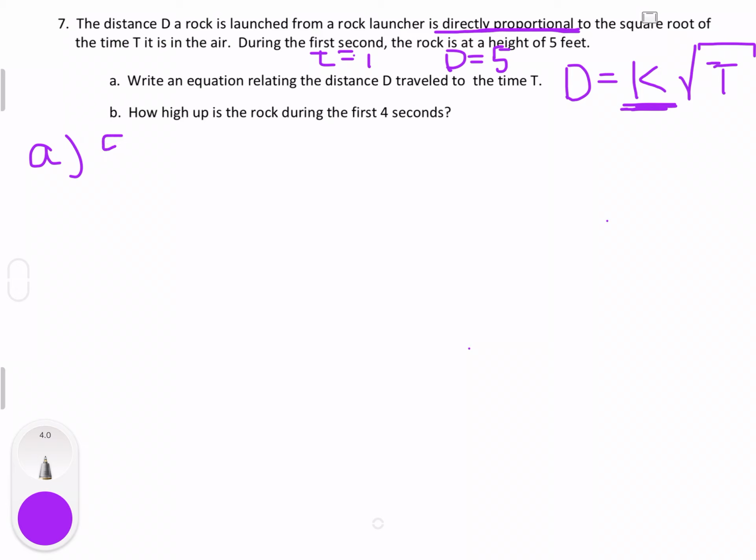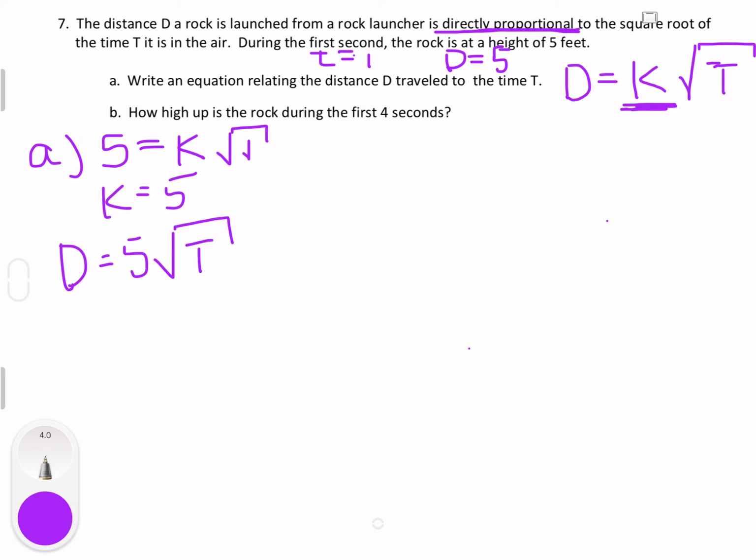So our d is equal to 5, and that is equal to k, and our t is 1. Okay, so our square root of 1 is just 1, so k is just equal to 5, so that was easy. And now what you do is you just plug that k back into our general equation, and that's going to be your answer for A. So it's just d equals 5 times the square root of t.